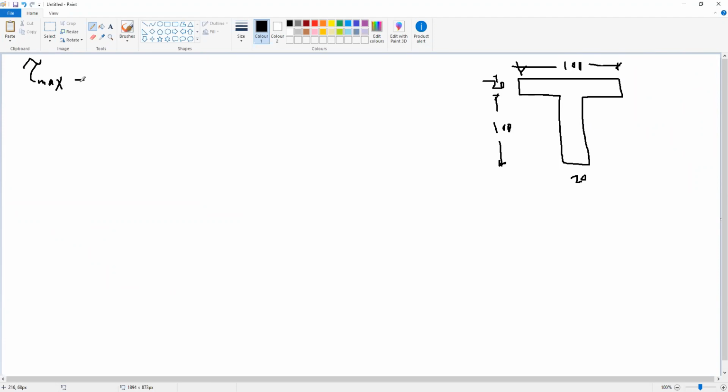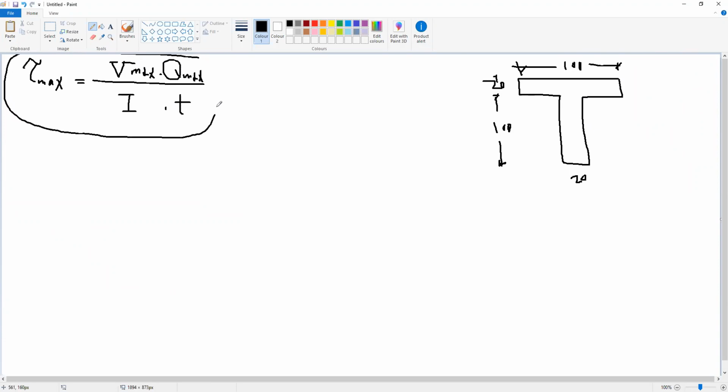Tau max is equal to V maximum multiplied by Q maximum divided by I multiplied by T. This is the general formula for shear stress.